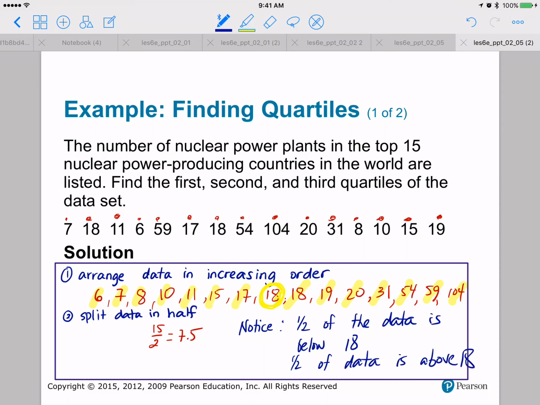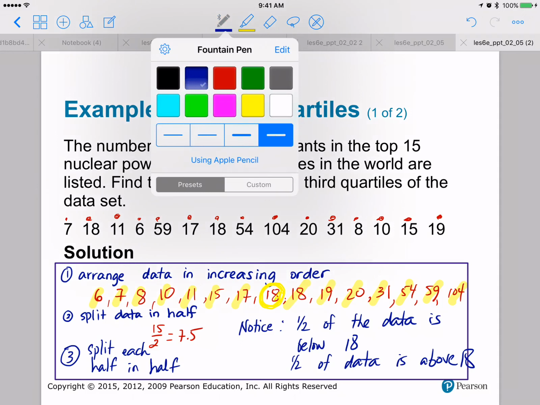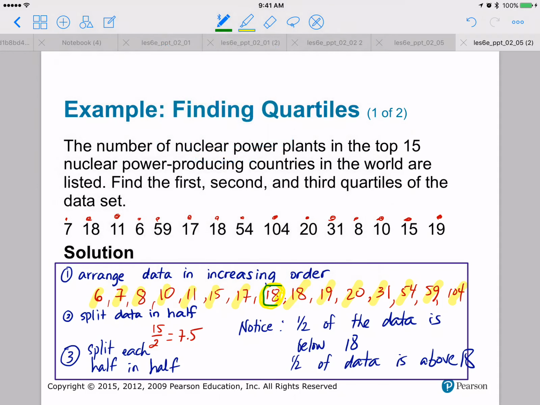Now I'm going to repeat this, and split each of my halves in half. So I found out so far that 18 is equal to Q2.